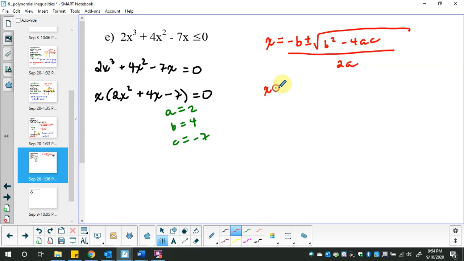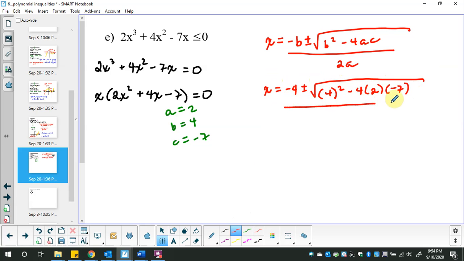So x equals -4 plus or minus root 4 squared minus 4ac over 2a.